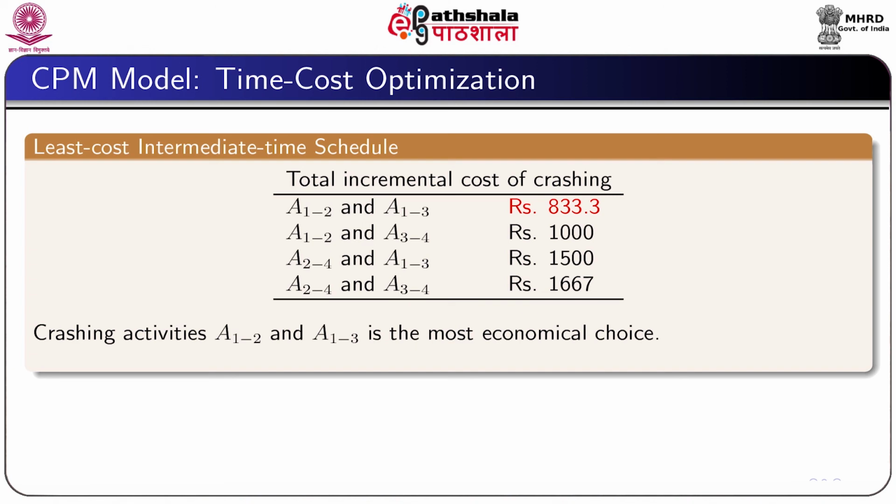The total incremental cost of crashing activities 1 3 and 1 2 is rupees 833.3. The activities 1 2 and 3 4 is rupees 1000. The activities 2 4 and 1 3 is rupees 1500, and the activities 2 4 and 3 4 is rupees 1667. This figure shows that crashing activities 1 2 and 1 3 is the most economic choice.